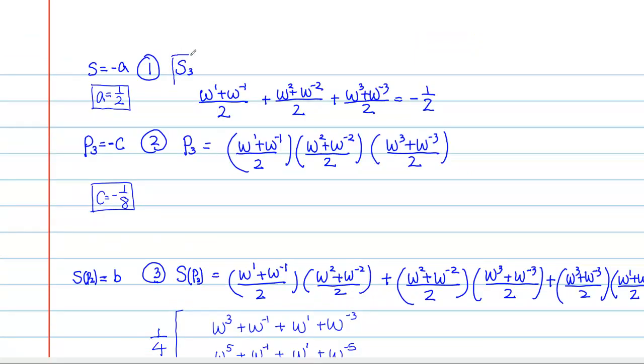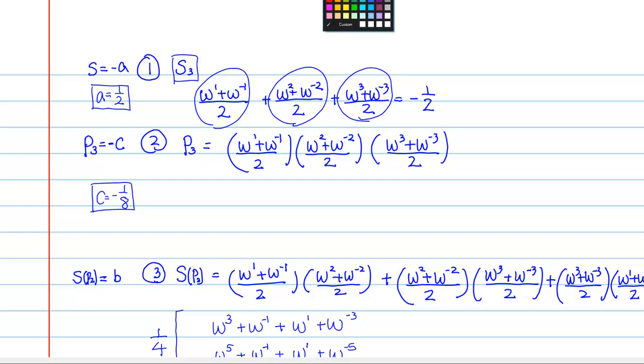I wrote it down already. So the sum of the roots is what? This is the first root, second root, third root. This is conjugate, that equals W6. This is conjugate W1, the fifth root. This is W4.